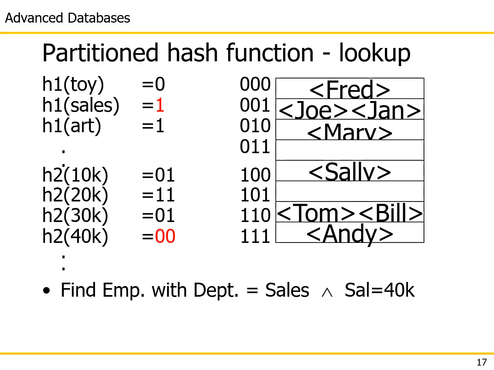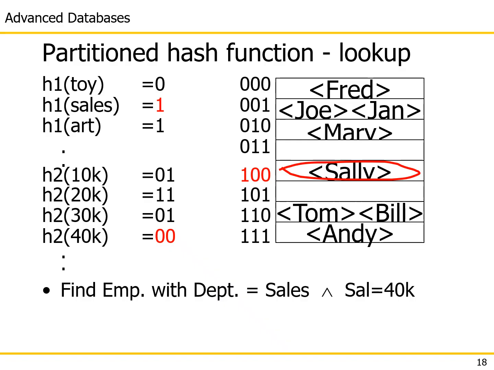Now, when I get a full query like this, select star from employee where department equal to sales and salary equal to 40K, how do I use my partitioned hash index? I will grab the values, sales and 40K. I will hash sales, it's a 1. I will hash 40K, it's a 0, 0. So I should be looking in there, 1, 0, 0.